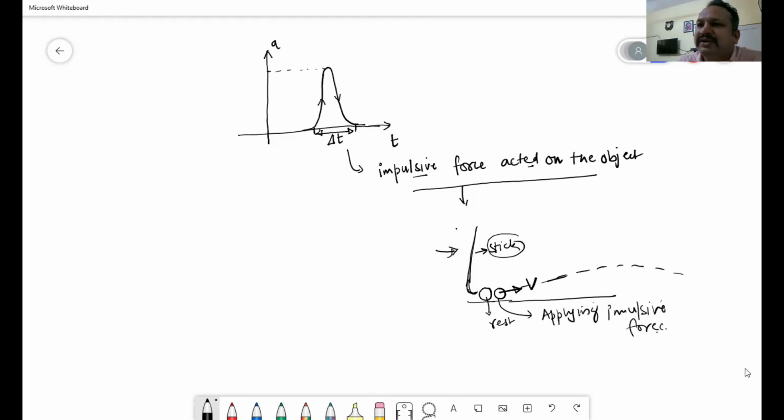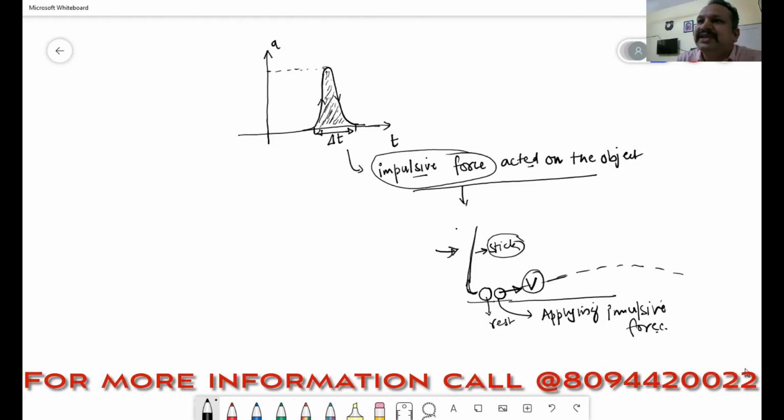So if a ball is hit by an object or a stick, then an impulsive force is imparted on the object. That's why in a very short time period the ball will achieve some velocity v with the help of this impulsive force. During the time of the force, the ball will have some acceleration, and this acceleration is very large.